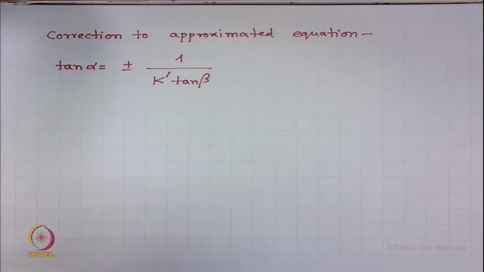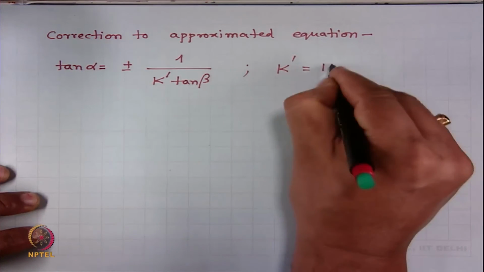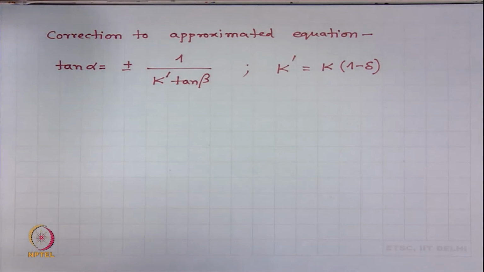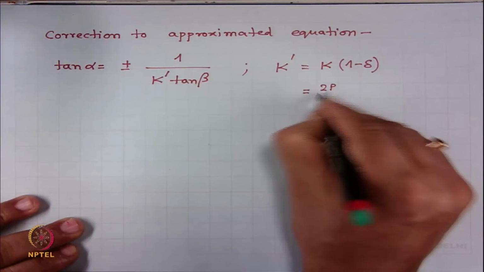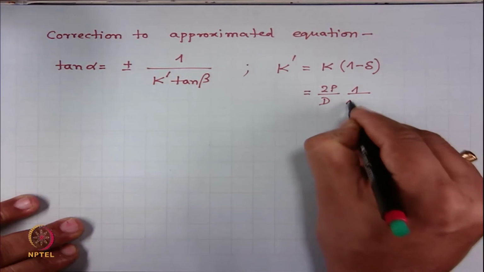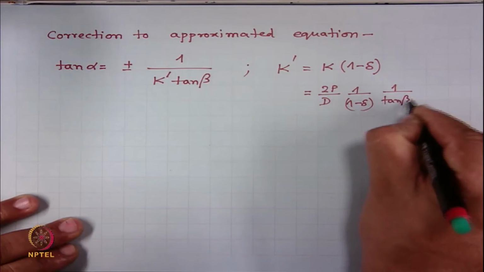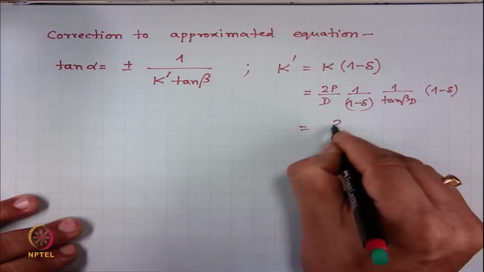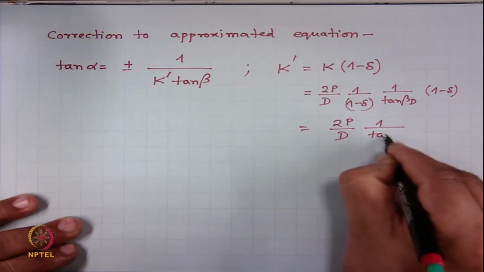Instead of k, we consider k prime. What is the relation between k prime and k? K prime is equal to k into 1 minus retraction. K was 2p by d, 1 by tangent of beta d, so k prime is 2p by d, 1 by tangent of beta d into 1 minus retraction.